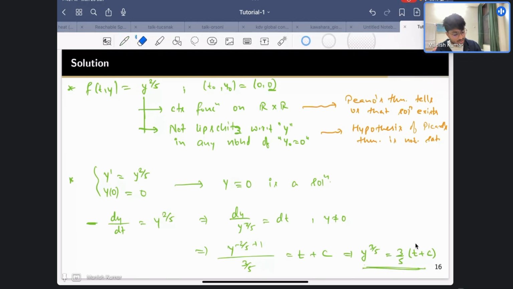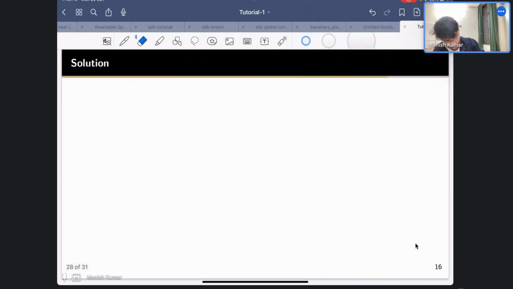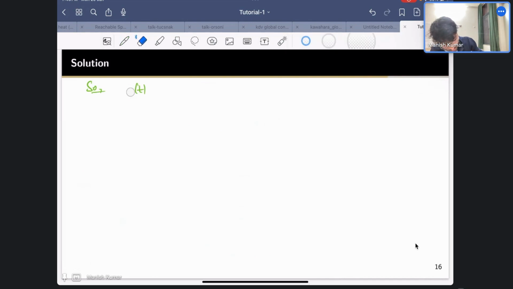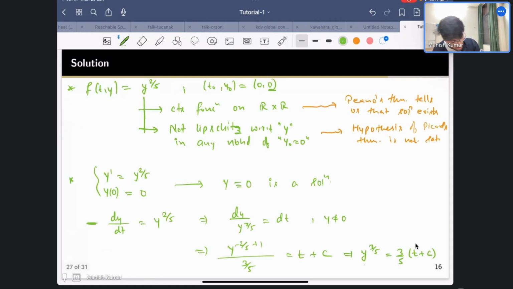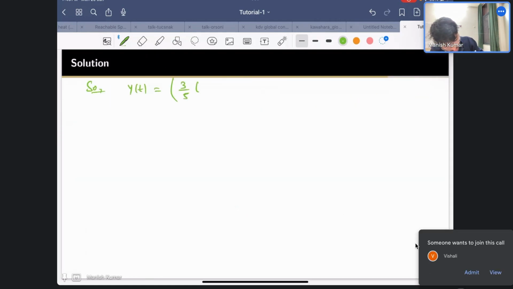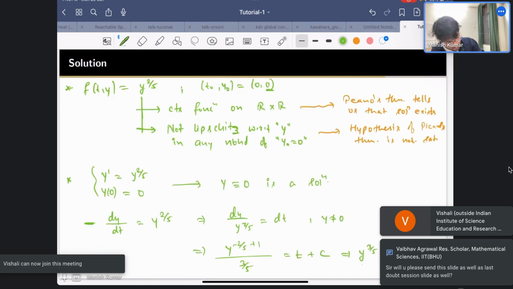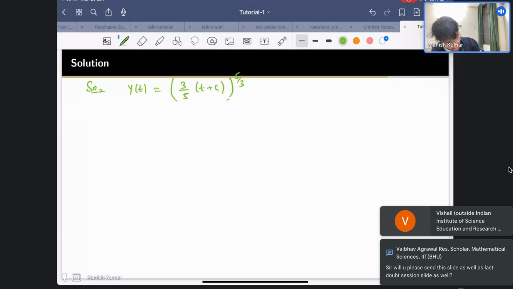So let me write separately, just as a conclusion: y(t) equal to (3 by 5 times (t plus c)) whole raised to the power 5 by 3 solves the differential equation.